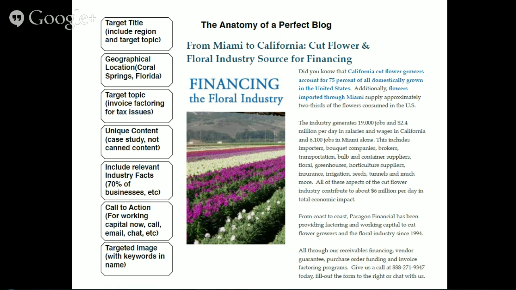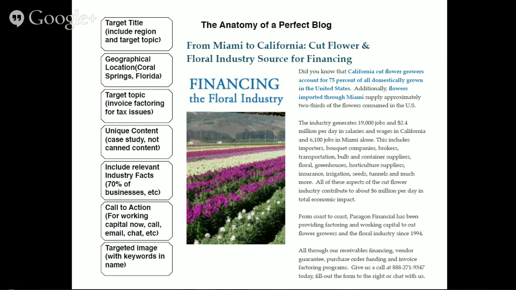You don't want to be generic, because Google will take that generic writing and just negate it. You don't want to do all this stuff in vain. You want to make sure that whatever you're writing is really making an impact, that it speaks to the audience, and that it speaks to Google. And by speaking to Google, you're doing unique content that's worthwhile to your audience. And the better you do that, the more Google's going to pay attention to you.